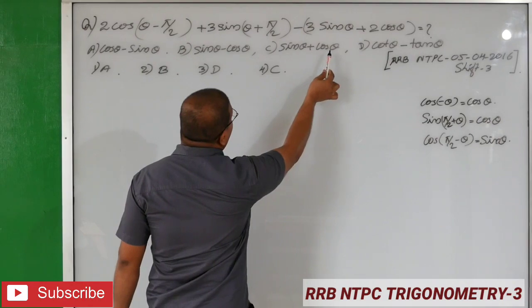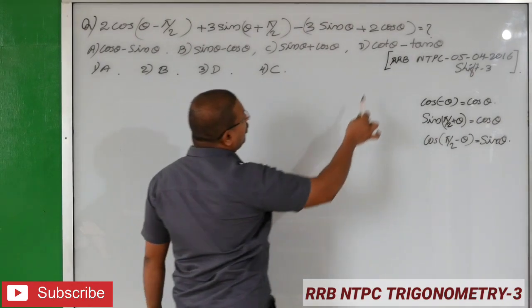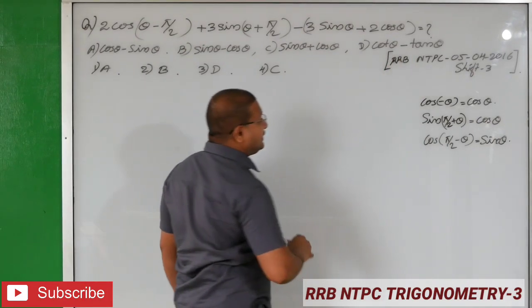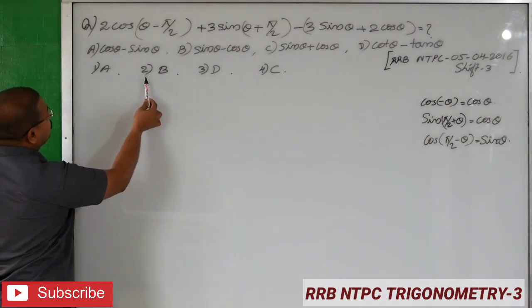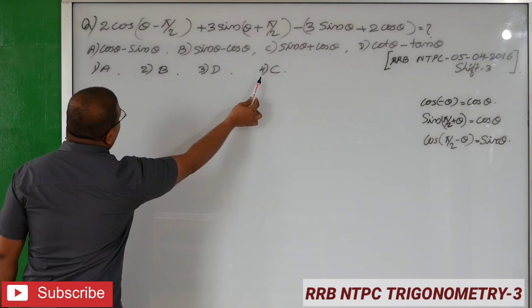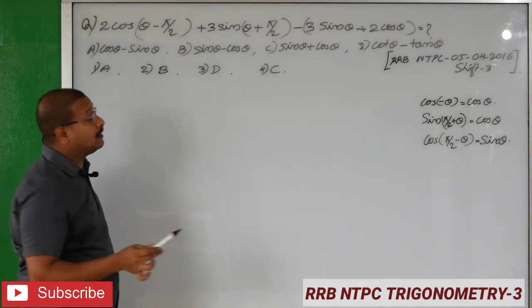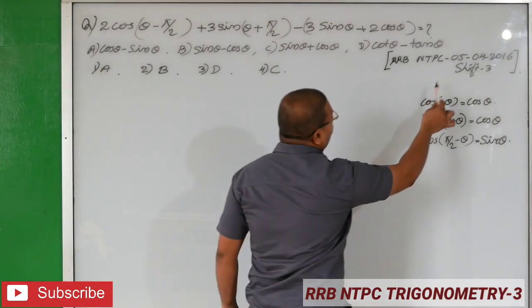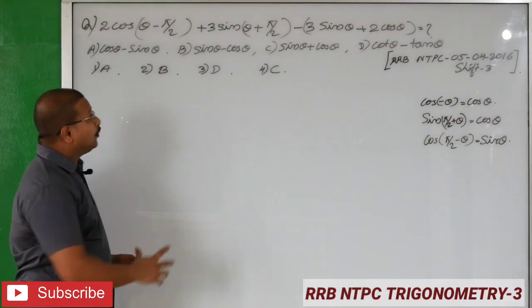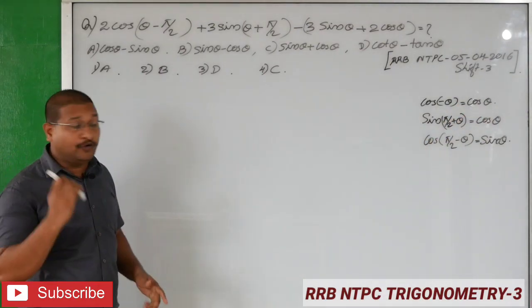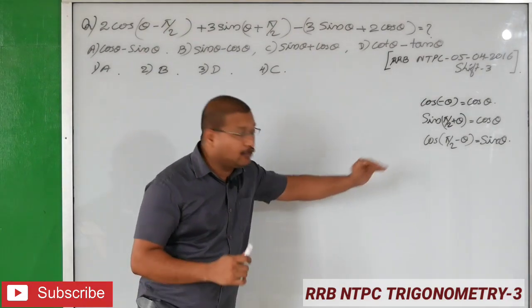C, sin theta plus cos theta. D, cot theta minus tan theta. Of course, option 1 A, 2 B, 3 D, 4 C. It came in RRB NTPC 5/4/2016 shift 3.